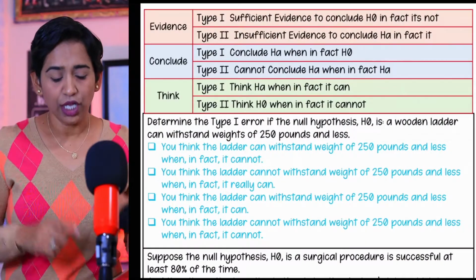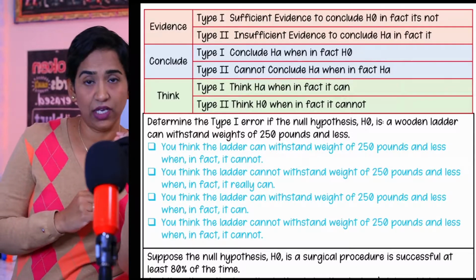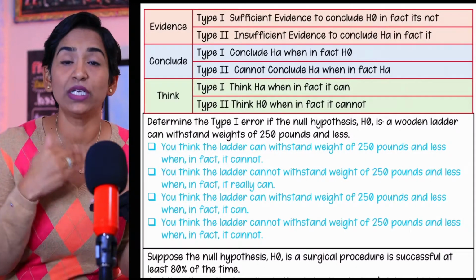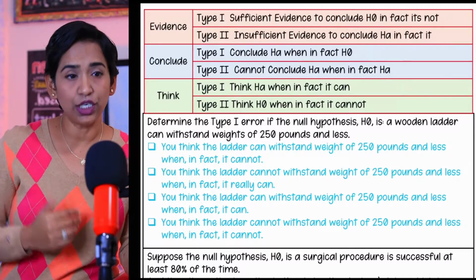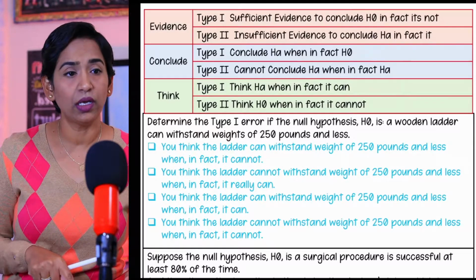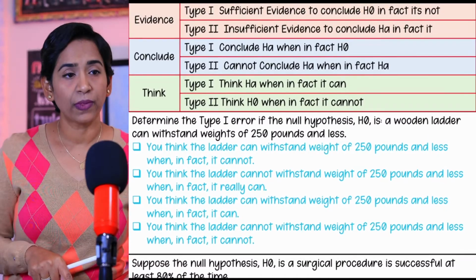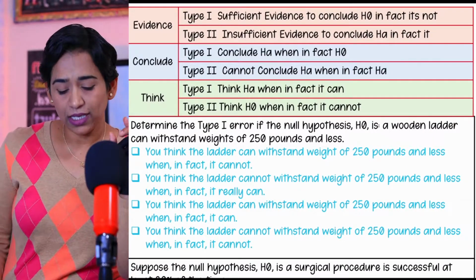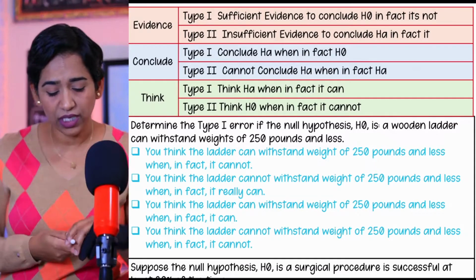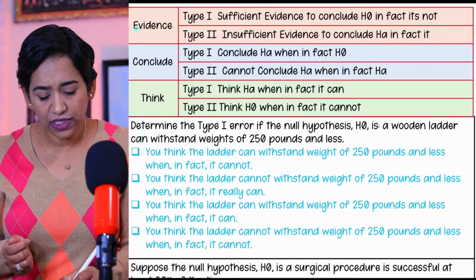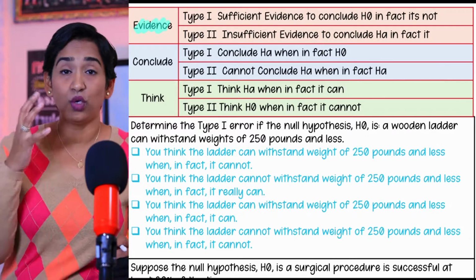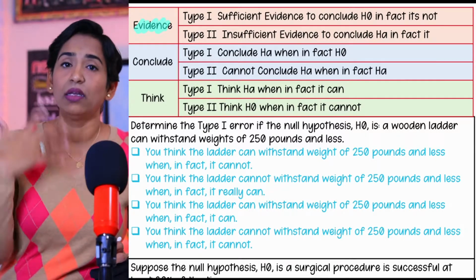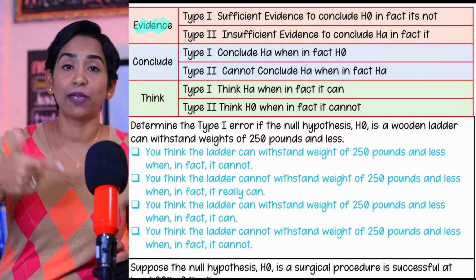Now, to make your life easier, I have divided type 1 and type 2 into the different verbiage that's used in your book. Let me scroll this down just a little bit. So here are 3 different categories. When you see words like evidence, conclude, think, you're all thinking about type 1, type 2, right?